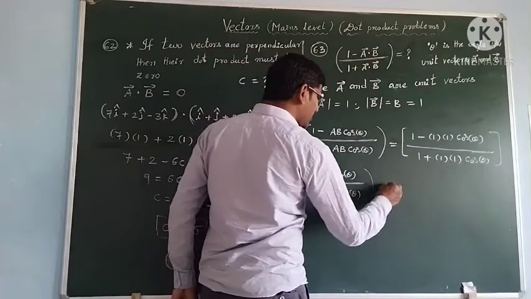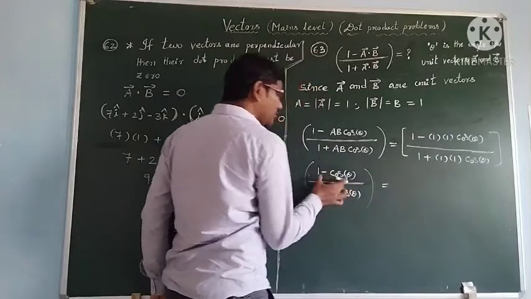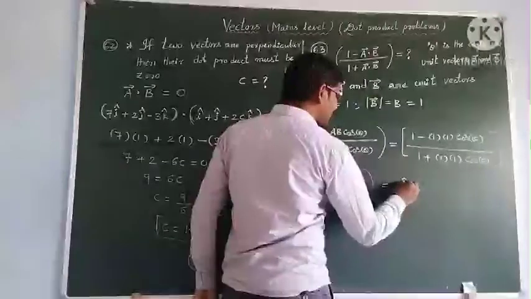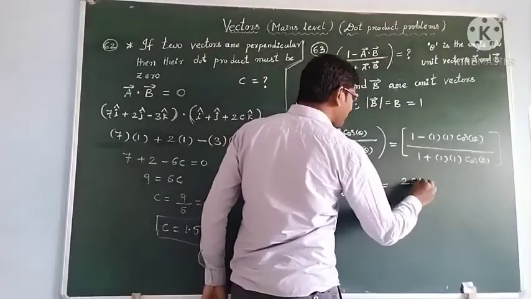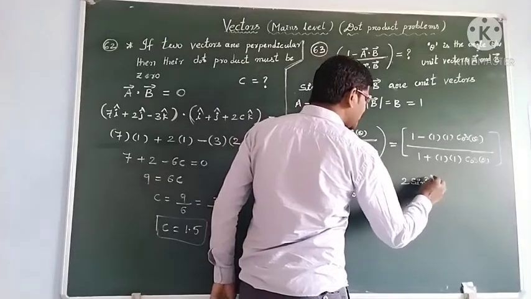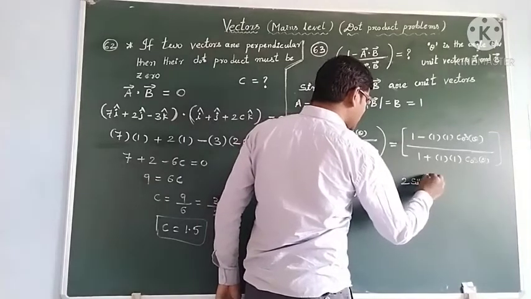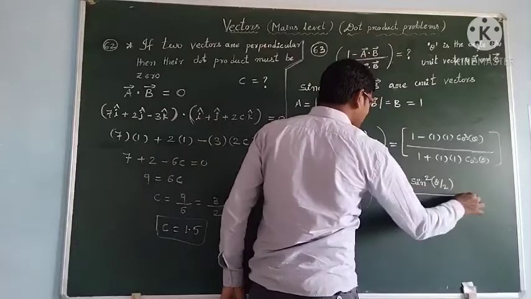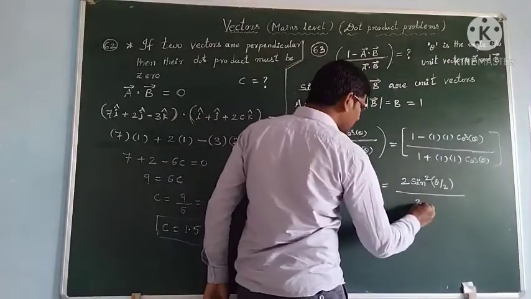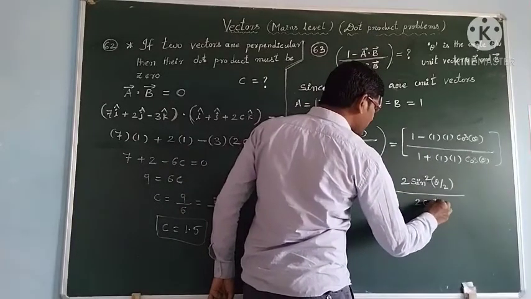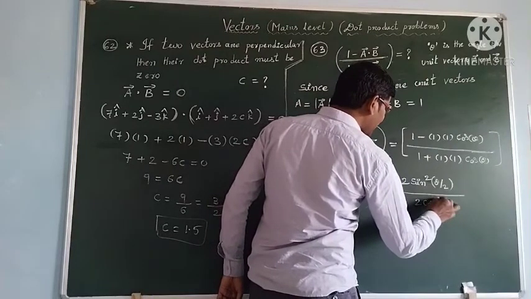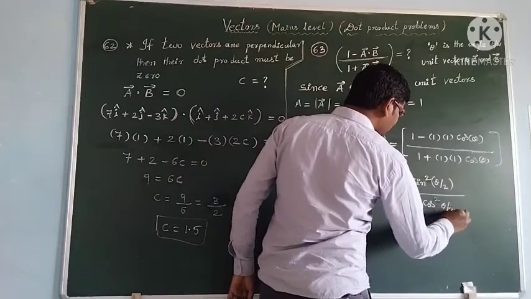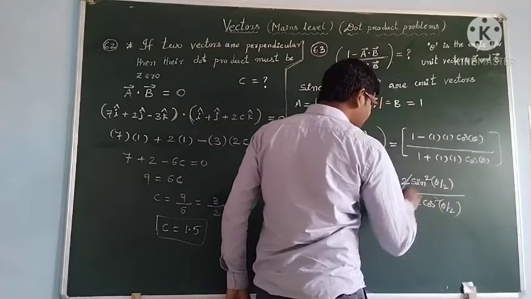This 1 minus cos theta, we know that 1 minus cos theta is equal to 2 sin square theta by 2, and 1 plus cos theta is equal to 2 cos square theta by 2. Then 2 gets cancelled.